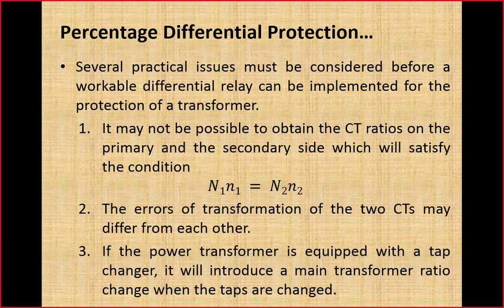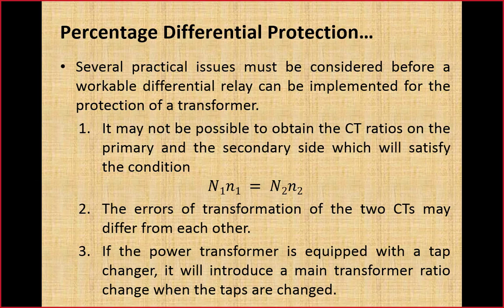Third, the power transformer may be equipped with a tap changer, and that is always the case with a substation mounted power transformer. The tap changer will change the position of the tap according to the operating condition of the power system during the loading condition. Tap changing means a change in the ratio of the two sides of the power transformer, meaning N1 and N2.